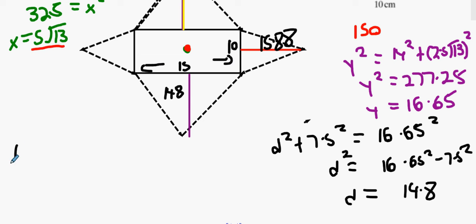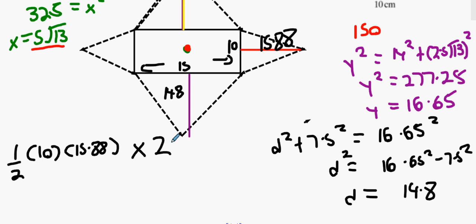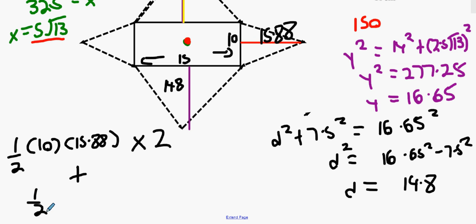So a half base times height. A half 10 times 15.88. How many of those type of triangles is there? There's 2 of them, isn't there? And then what about the other one? A half 15 times 14.8, and once again we're going to multiply that by 2.